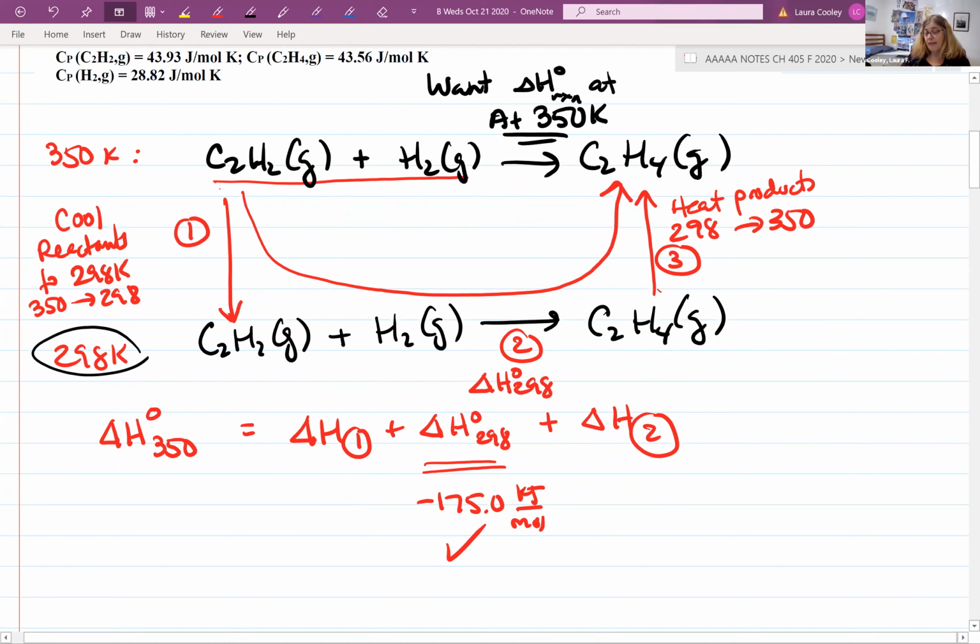Now, the book gives you a complicated formula with something called a delta CP, which I find that when I use, I lose sight of which way this is going, whether I'm heating or cooling, and I want to keep track so that I can make sure my signs are right. So I don't use that formula. I just calculate what it is for each step and add them all together. So delta H1, I'm cooling the reactants from 350 to 298. Here I'm heating products.